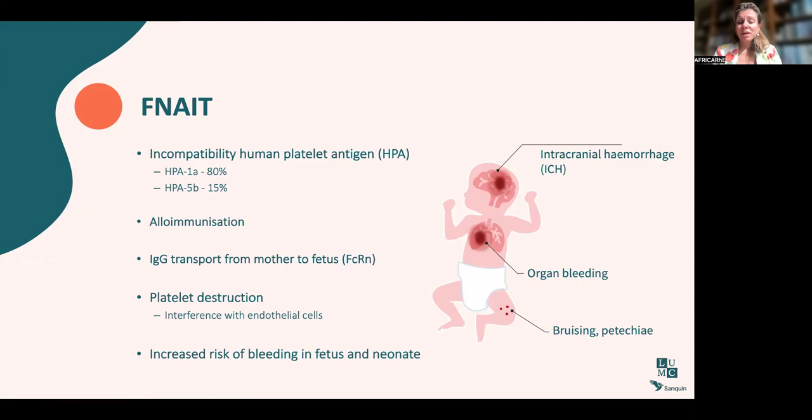What I was already saying is that FNAIT has a distinction with HDFN. We feel that there is still a black box. We don't know exactly, but we believe it has to do with the interference of endothelial cells. And that's also the reason that we sometimes find normal platelet counts, but severe complications.